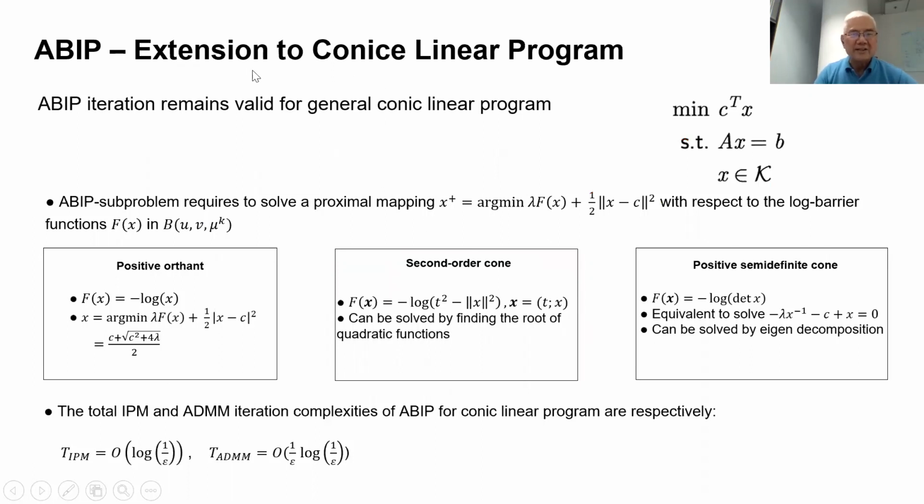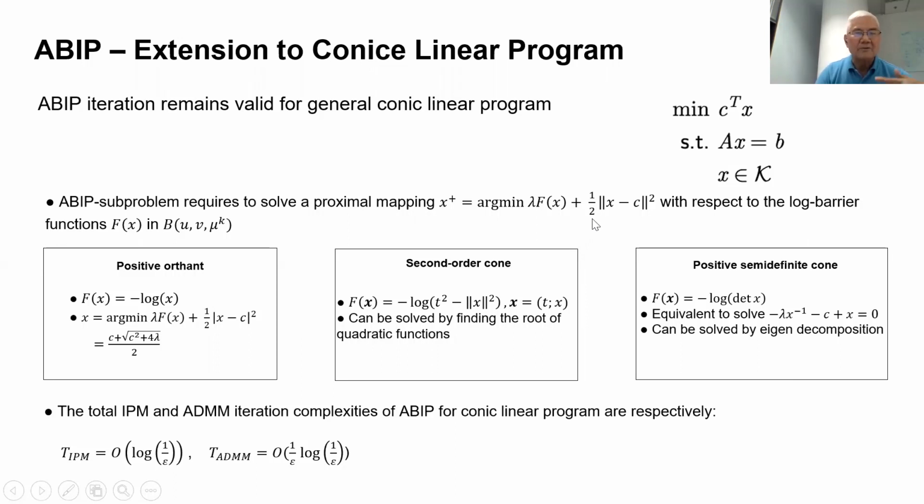Also, you can easily extend this to solve general conic linear programming. You can develop the same technology: outside is the interior point method, inside is the ADMM. If you use a direct solver, you only need to factorize the matrix once.